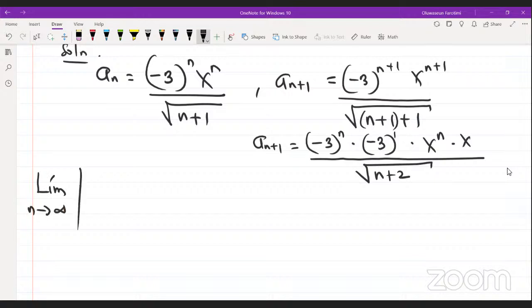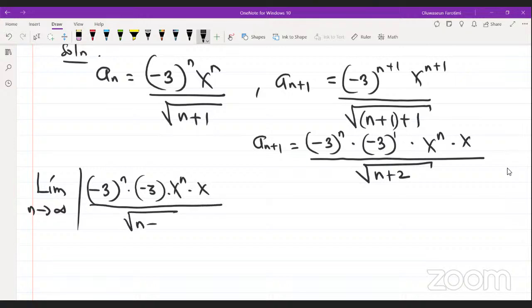A sub n plus 1 is the whole of this guy. So sometimes you have it as long as this. It might look messy, but you gotta be careful and be able to capture everything you need. Divided by square root of n plus 2. Now, again, your a sub n is a fraction. So once you put it in, there's going to be a flip, okay? There's always going to be a flip when it is a fraction.